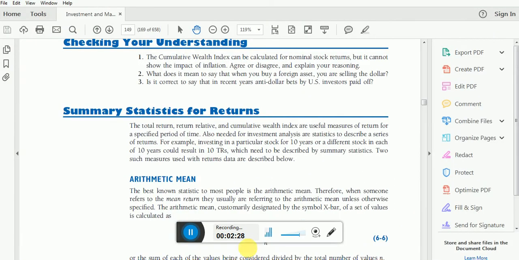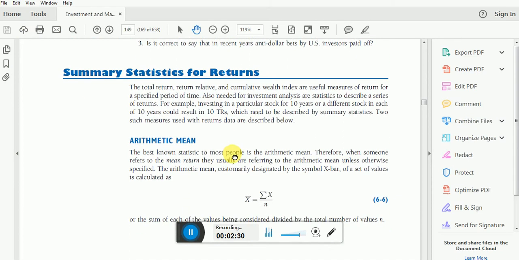According to Charles Pigeon, the best known statistic to most people is the arithmetic mean. Therefore, when someone refers to the mean return, they usually are referring to the arithmetic mean, unless otherwise specified. So the arithmetic mean, customarily designated by the symbol x bar, of a set of values is calculated like this.